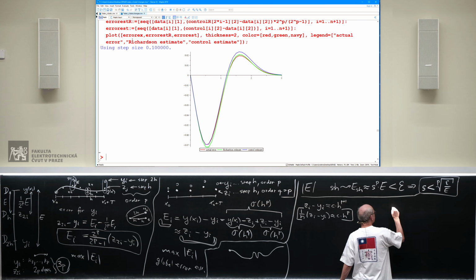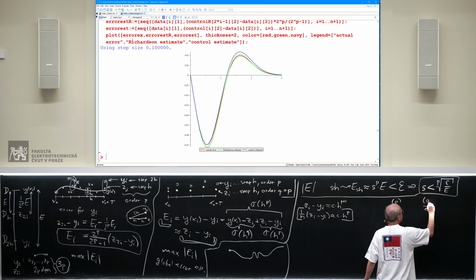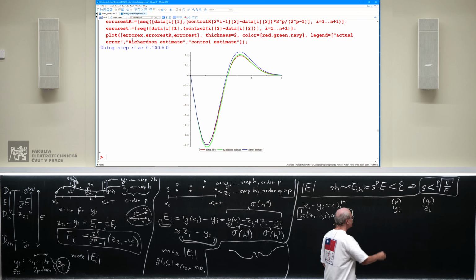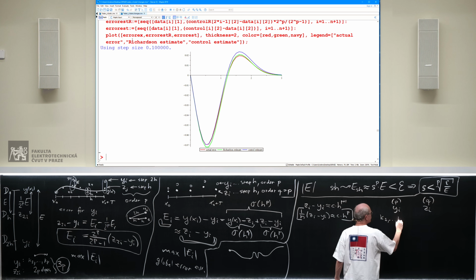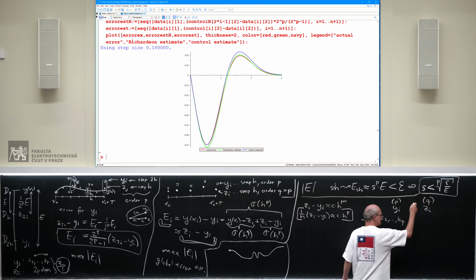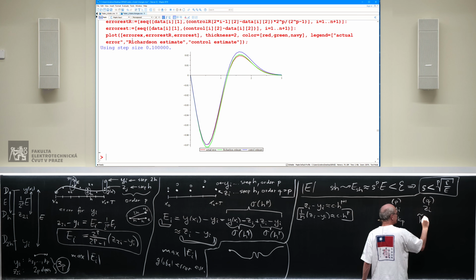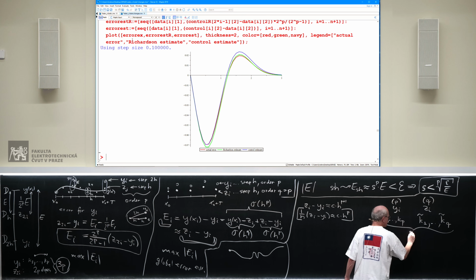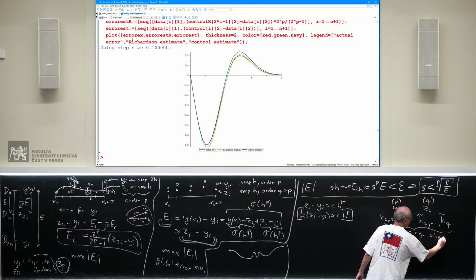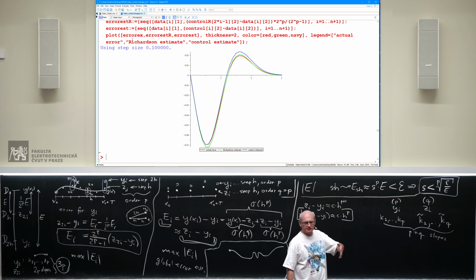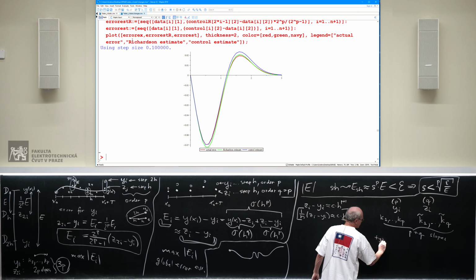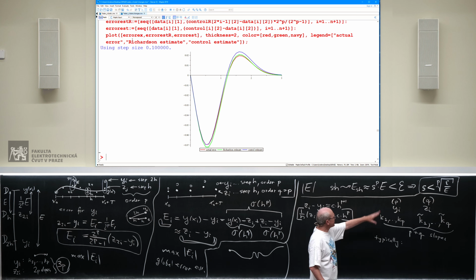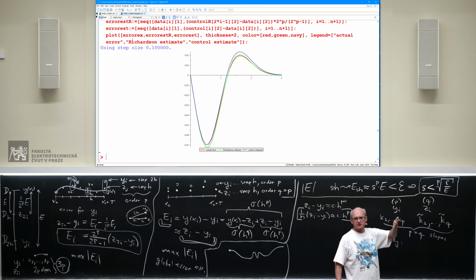Let's have a look here. We have a method for yi of order P, and for zi we have a method of order Q. For yi, you need slopes K1 through Kp. For zi, you need slopes K1 tilde, let's say, through Kq. So altogether, you need P plus Q slopes. Now, typically, because you don't want to work more than you need to, Q will be just P plus 1. You have a method of specific order, and for the control, you just go up by 1.